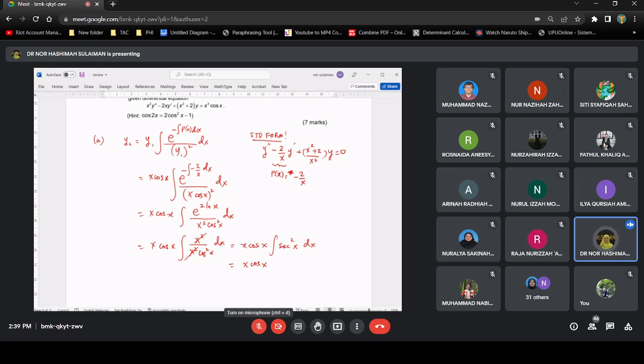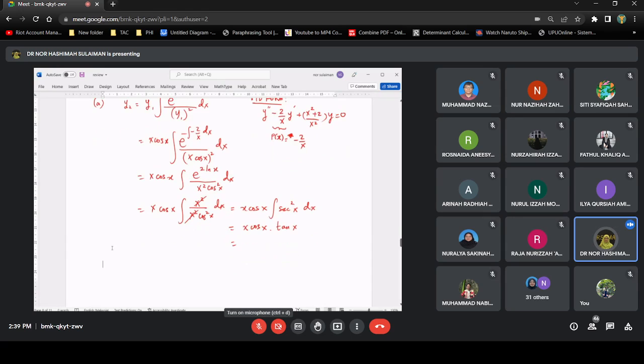Okay, what is the integration of secant squared x? Anyone knows? Tangent, isn't it? Okay, I put it as tangent x. We ignore the constant of integration at the moment, right? Sebab kita nak dapatkan dia punya basic function tu dulu.